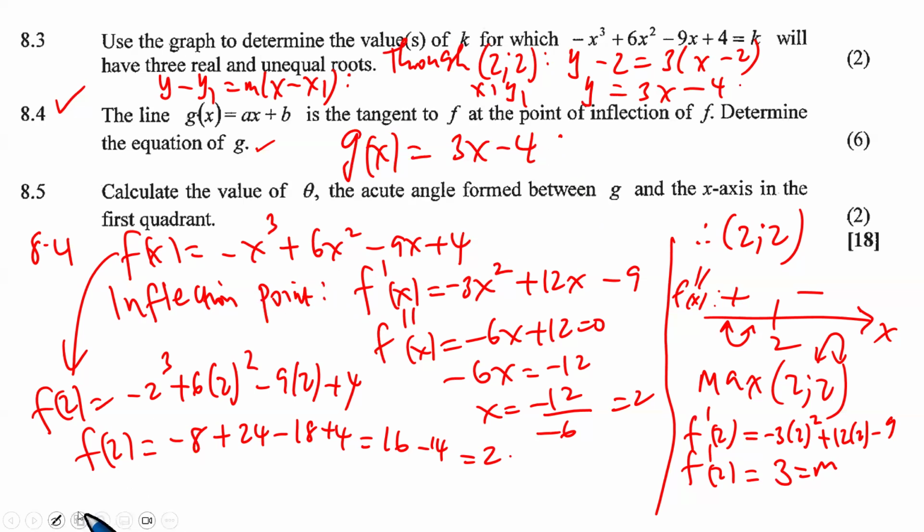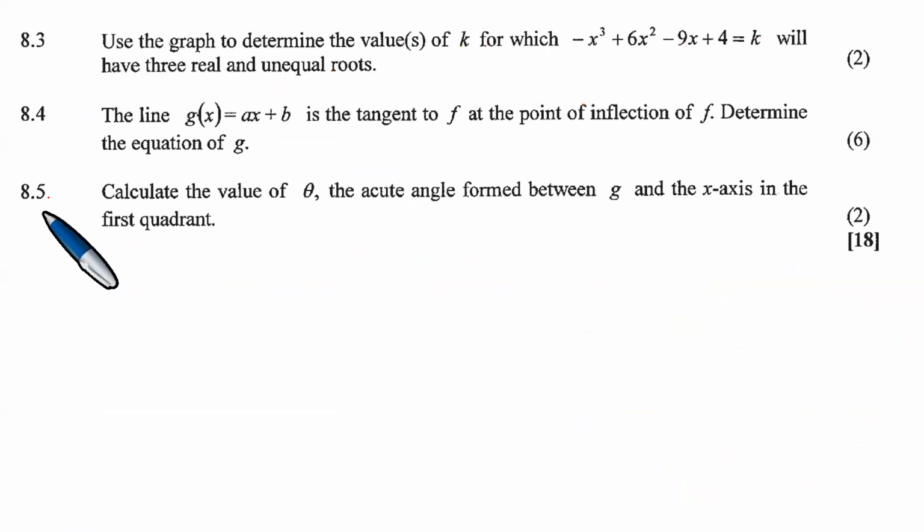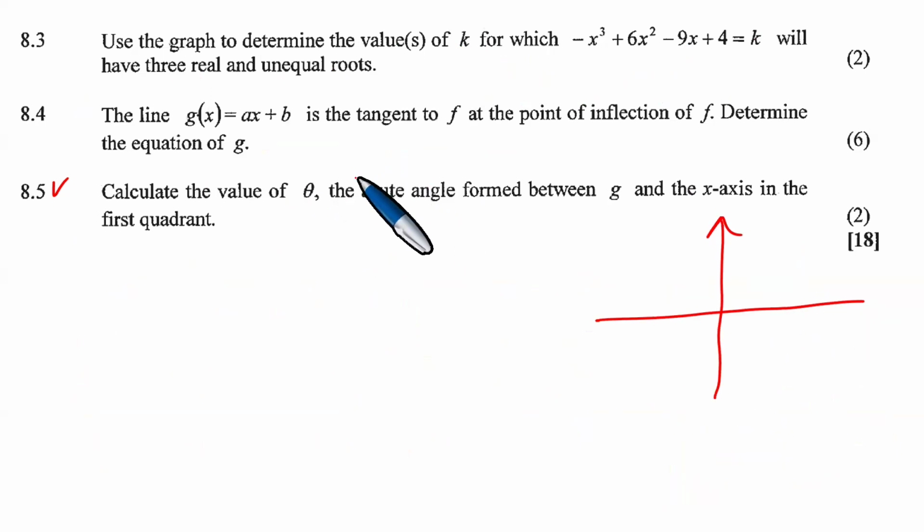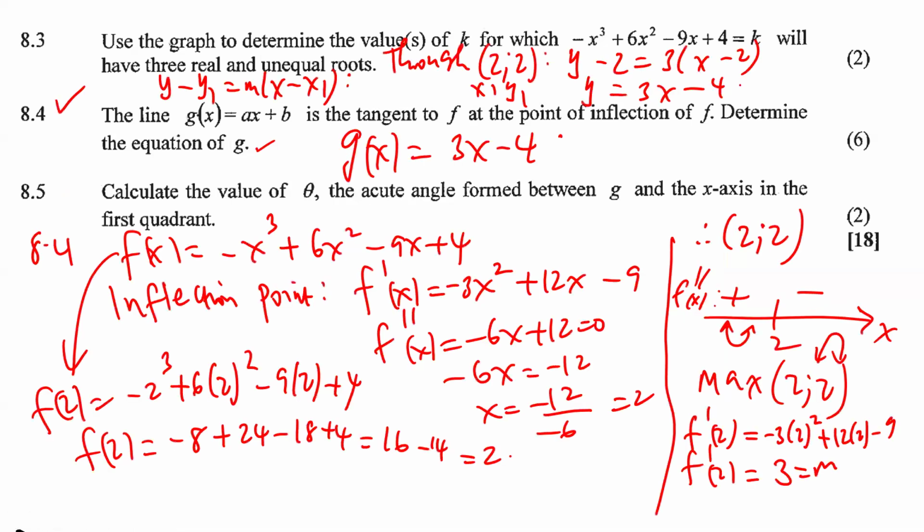Let us look at the angle of inclination next. Calculate the value of theta, the acute angle formed between g and the x-axis in the first quadrant of the plane. We recall that the function g of x we just found is 3x minus 4.